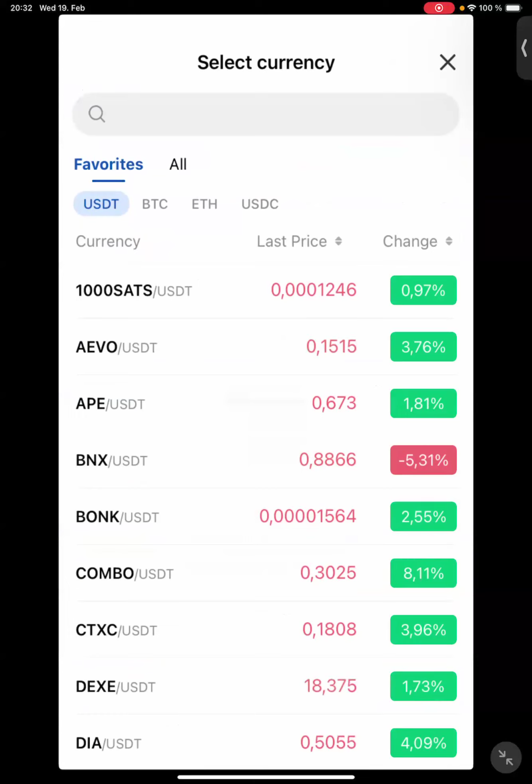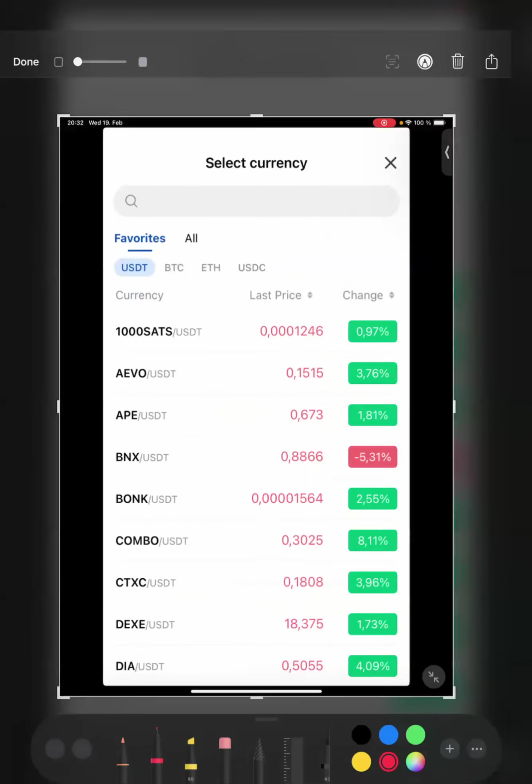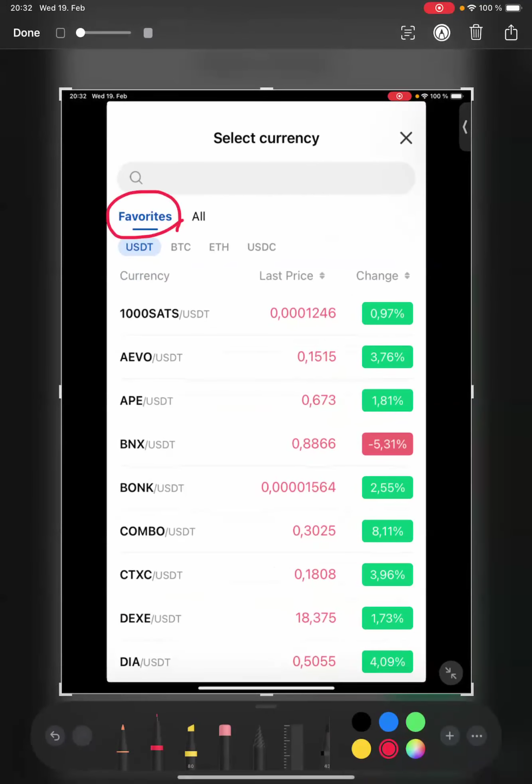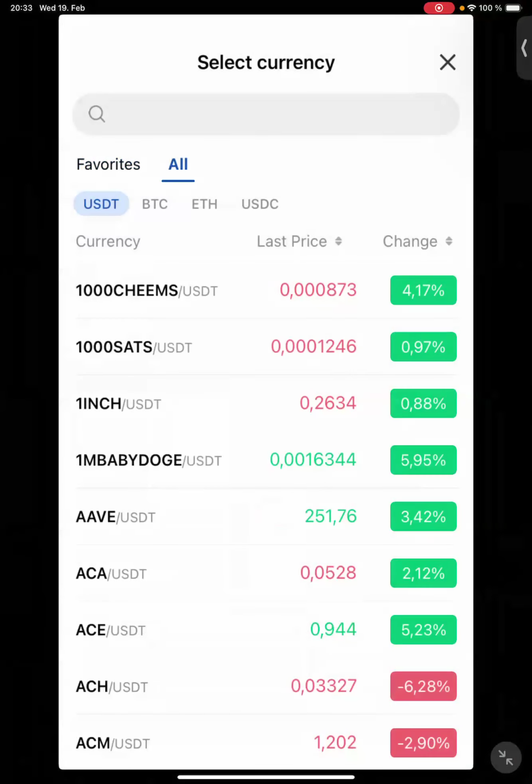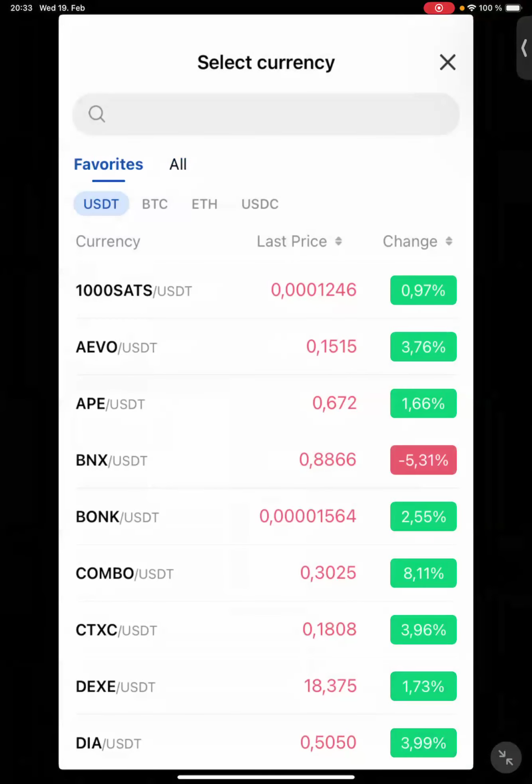If you don't find the coin under favorites, favorites are the ones you've traded in the past or you've attempted to trade. You picked it up, saved settings in it, but you didn't trade it. It still falls under favorites. If you don't see the coin over there, just switch to all. Let the cursor be under all, then you'll be able to type it. Then that is it.